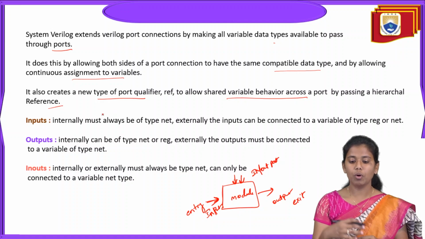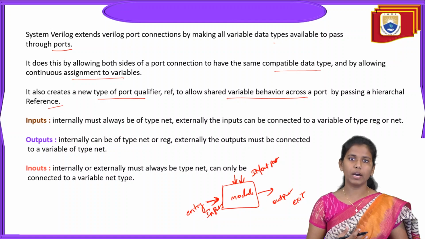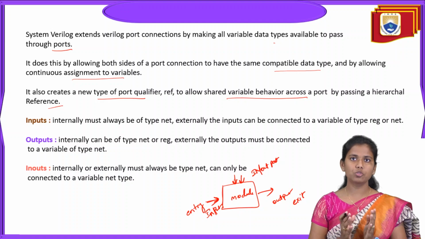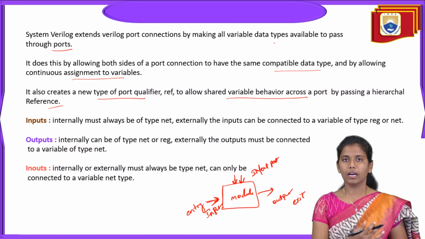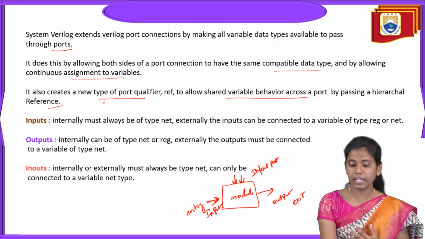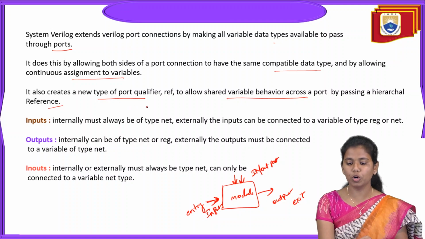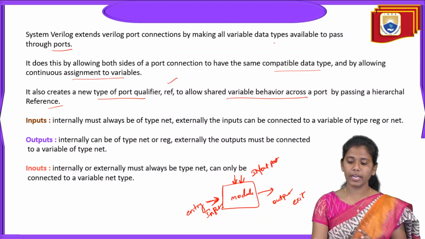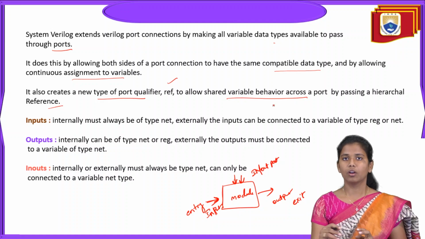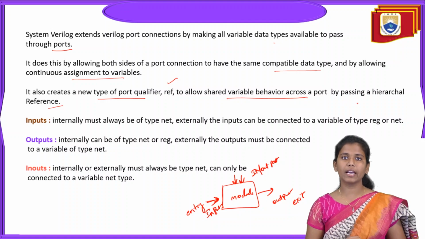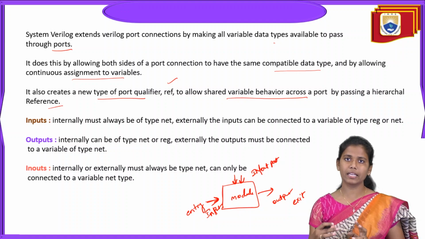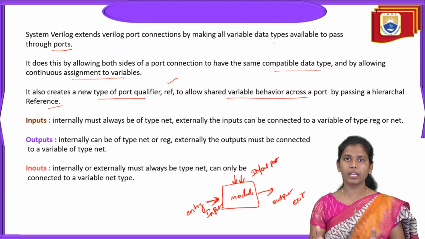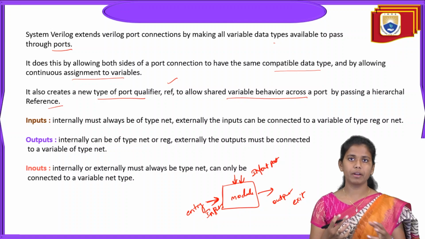We can know a new type of port qualifier, based on the levels, with respect to the reference, allowing shared variable behavior across a port by passing a hierarchical reference. By passing the hierarchical reference, we can know how a module can receive the inputs from the port.